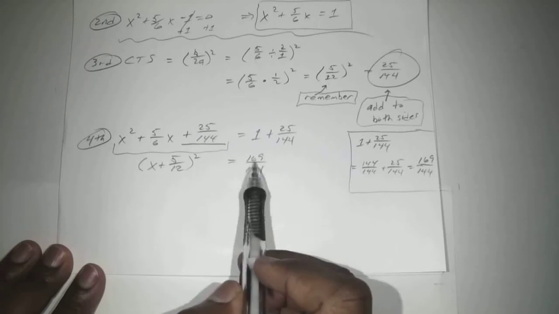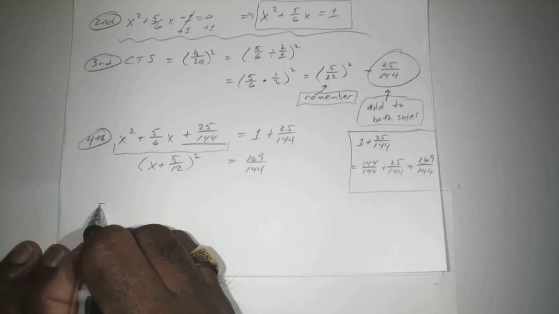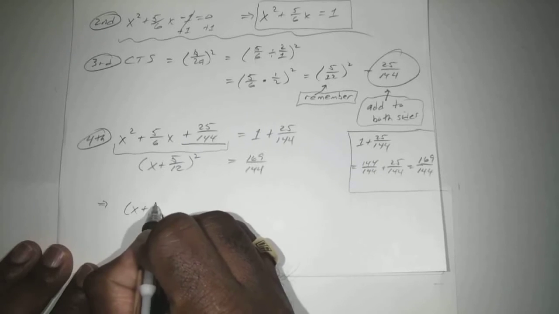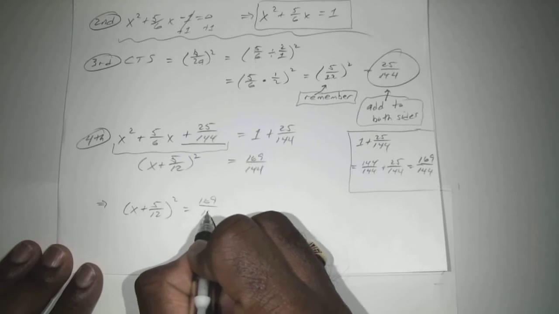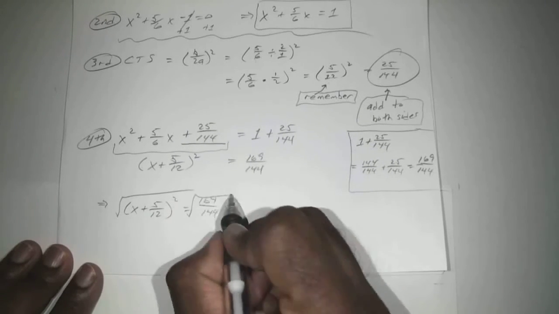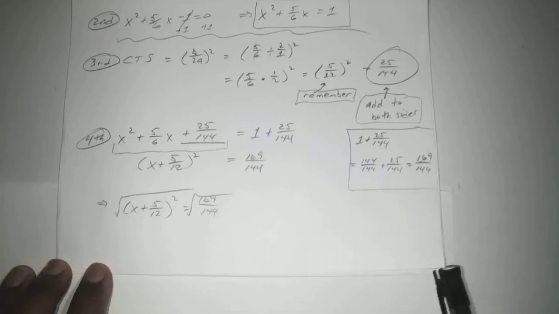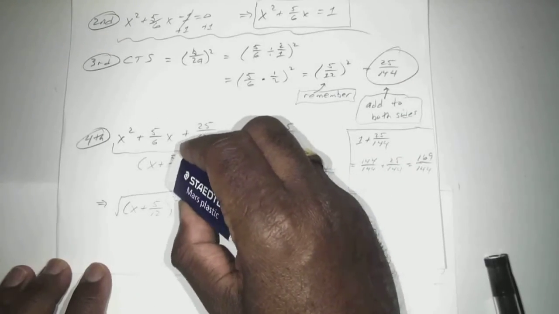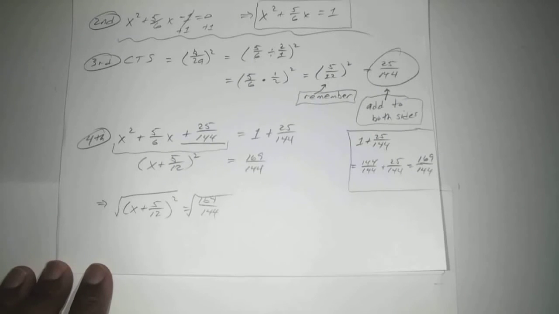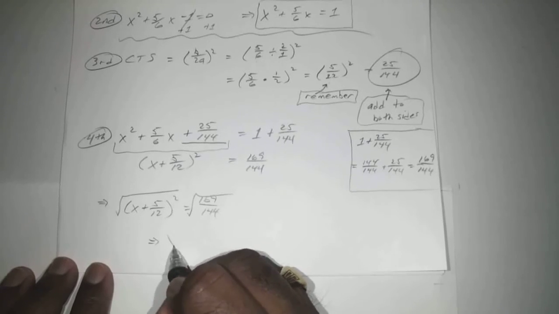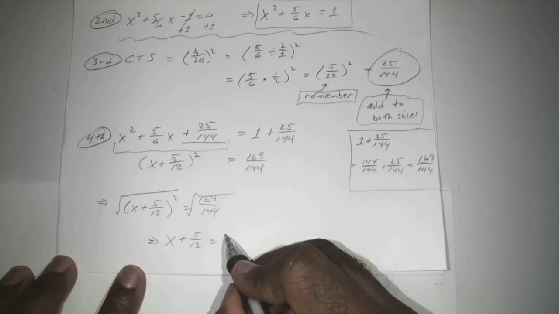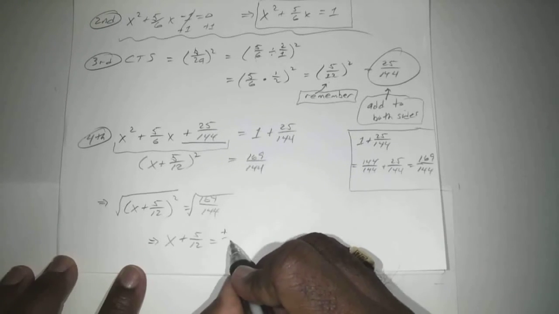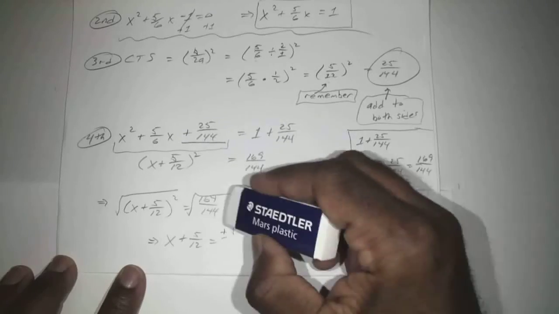So now you just go ahead and use the square root property to solve. So x plus 5 over 12 squared equals 169 over 144. Go ahead and square root both sides. Our square and our square root cancel out here. So we have x plus 5 over 12 equals plus or minus the square root of 169 over 144.